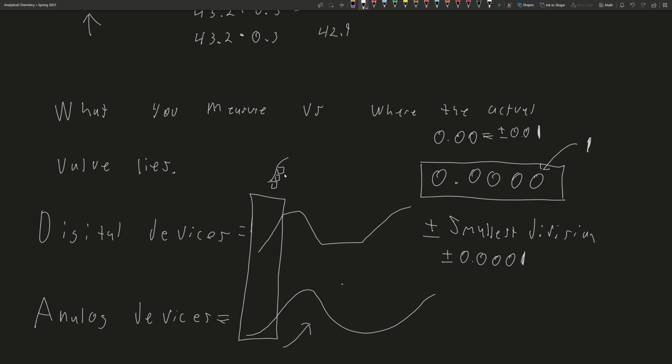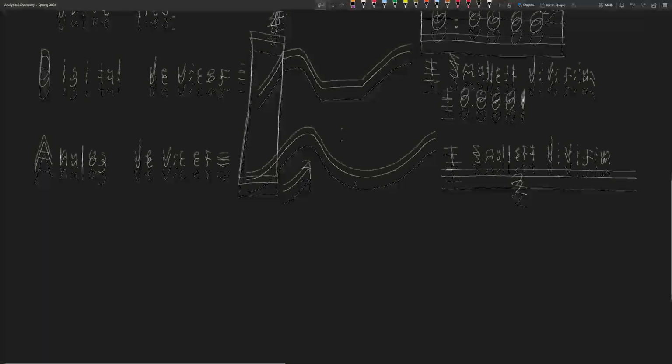Now, the uncertainty associated with an analog device is slightly different. It is plus or minus the smallest division all over, or divided by 2. So what do I mean by that?